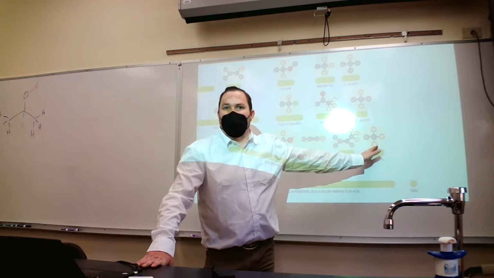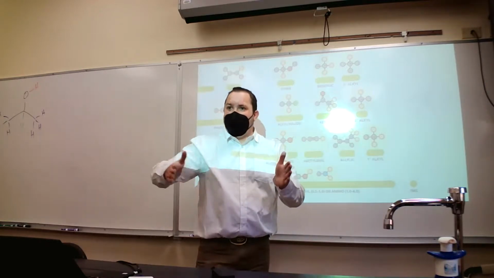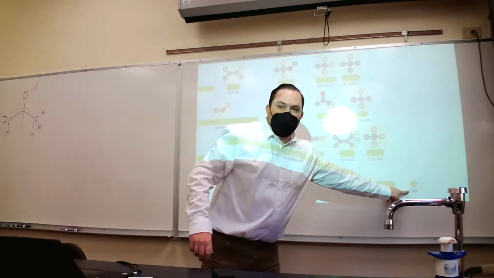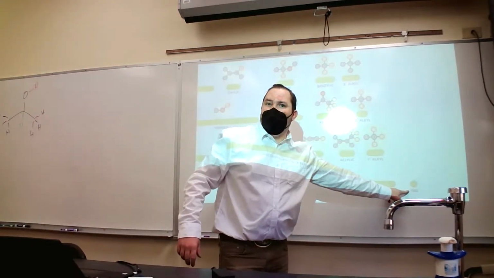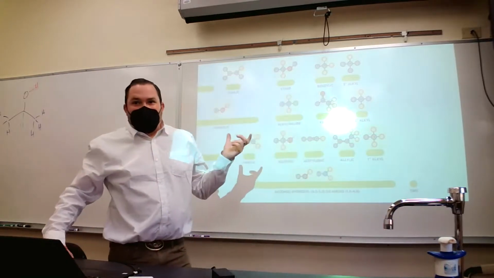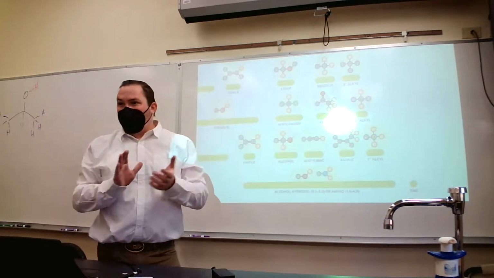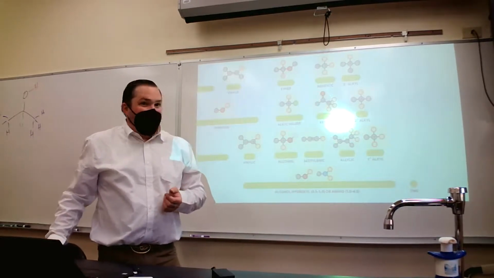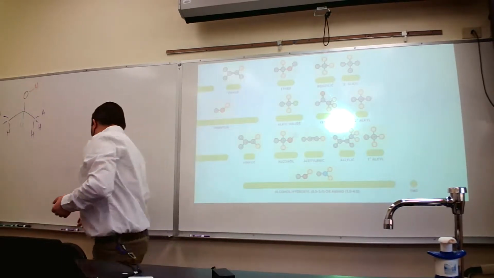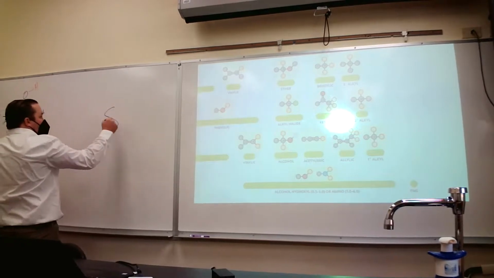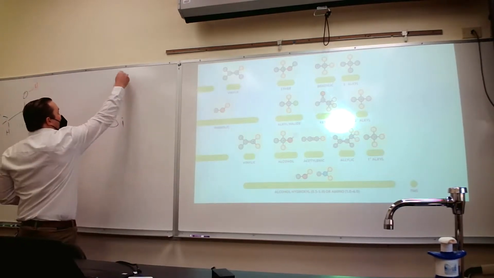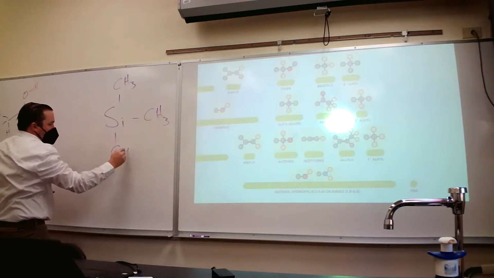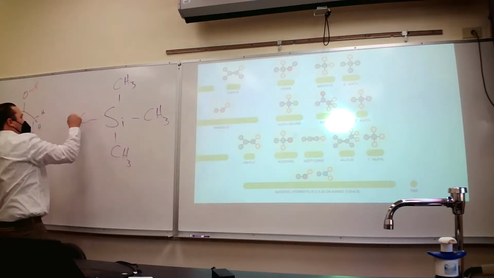And sometimes we have to zoom in on it to tell this is a peak, that's a peak, that's a peak. And this is tetramethylsilane. It's called TMS. And TMS is what we use to define 0, essentially, because the hydrogens on tetramethylsilane are all identical. Tetramethylsilane looks like this.